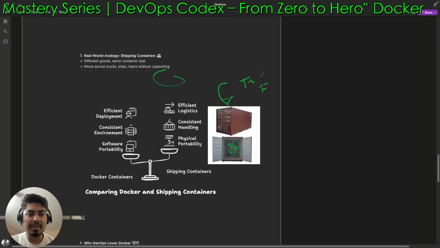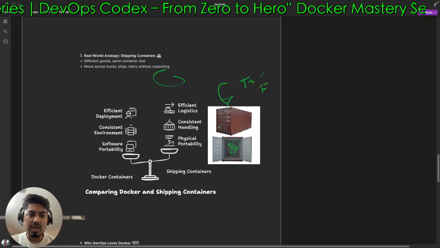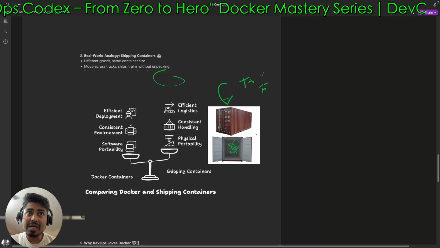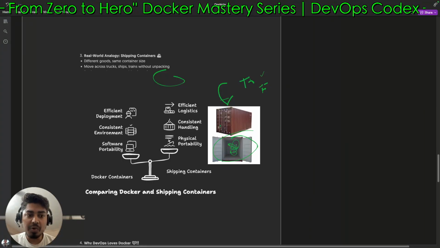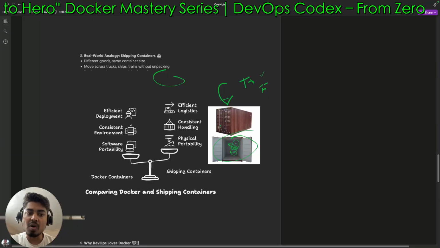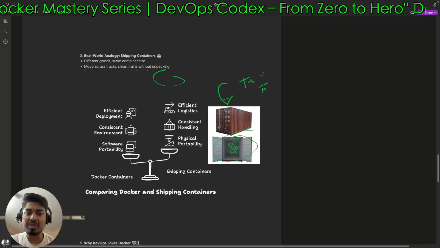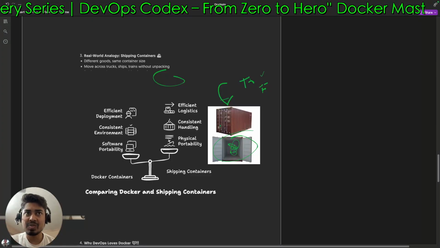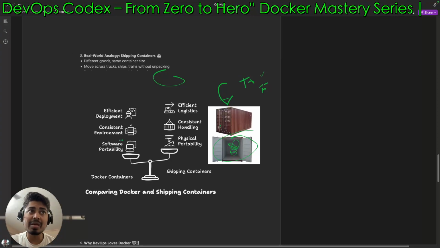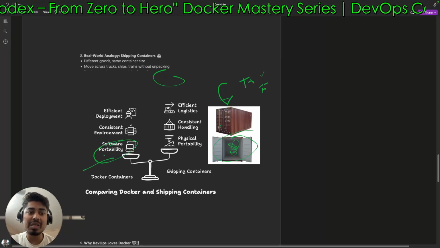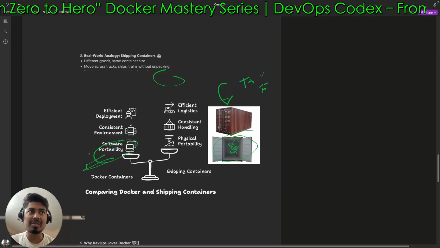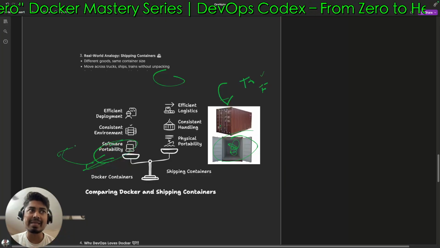These containers are very portable. They can move across ship, truck, train without unpackaging it. Similarly, these software containers we can also move from one place to another without unpacking it.